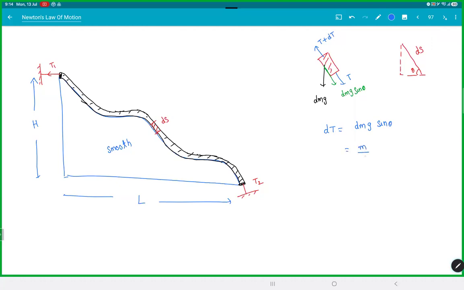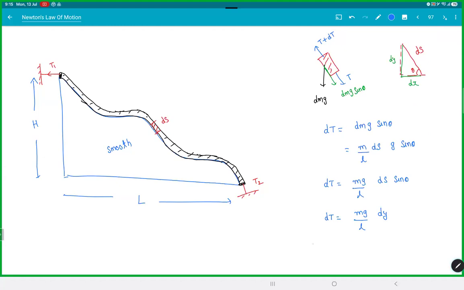This dm is nothing but total mass by total length into ds. So we get dT is equal to mg by L ds sine theta. Nothing changed, it is exactly the same equation. So tension, mg by L into d, because this would be dy, this would be dx.